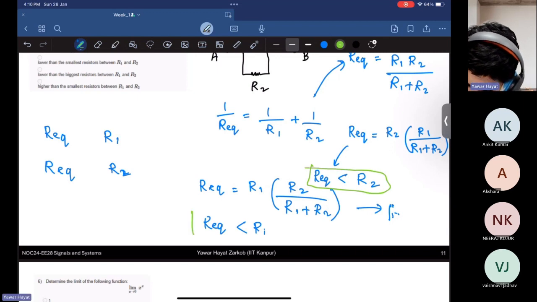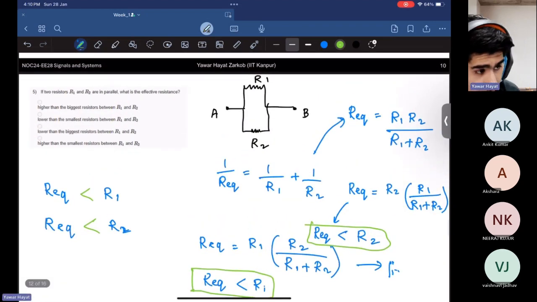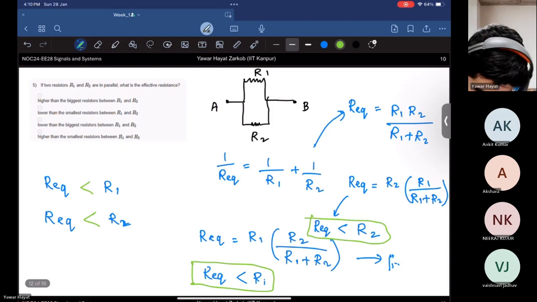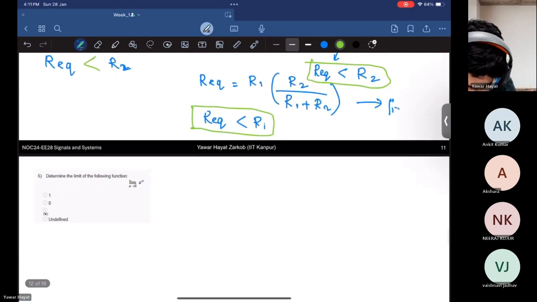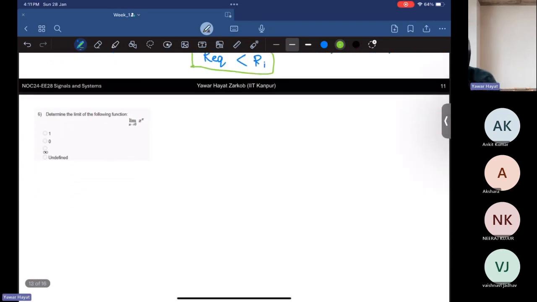R equivalent is less than R2. As one of you, I guess Neeraj, pointed out, this is the correct answer. Now I want you all to determine the limit of the following function. I'll give you a minute and then start solving it myself. Sir, please zoom in, sir.